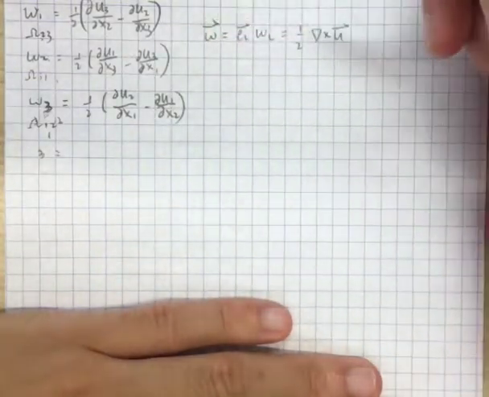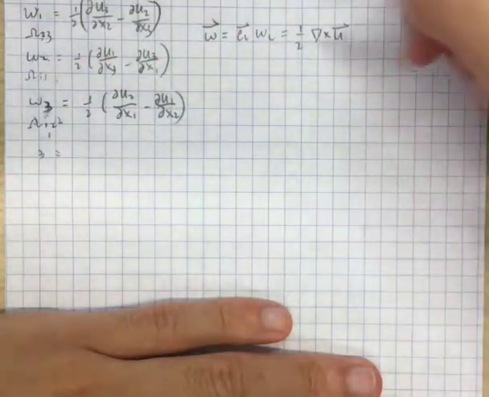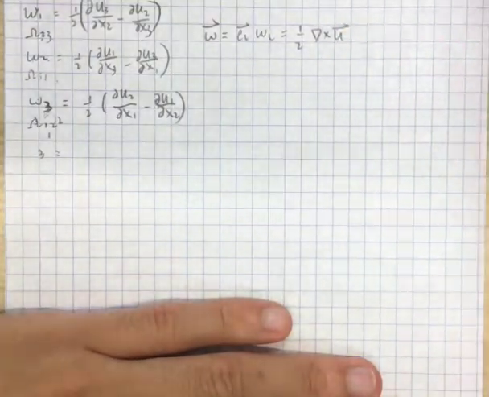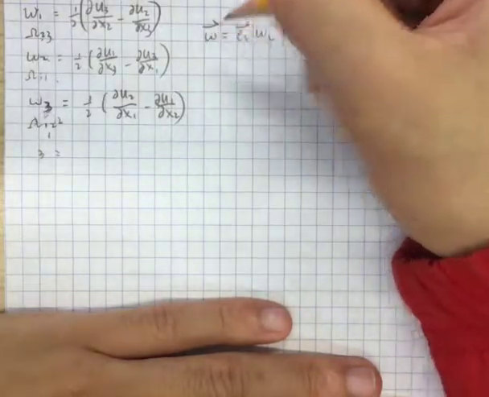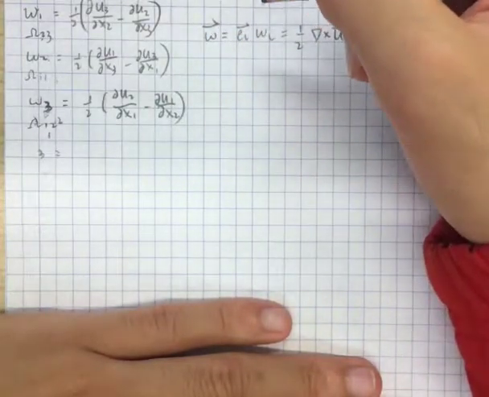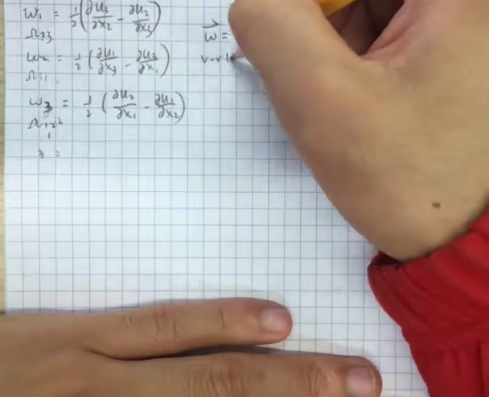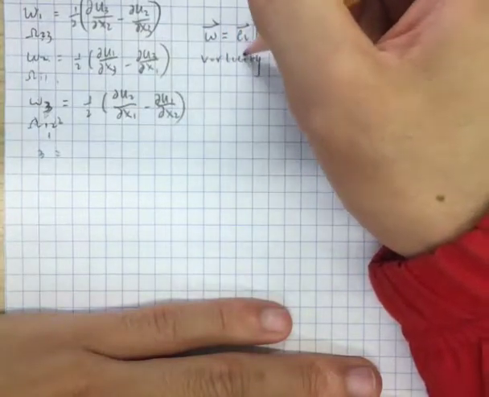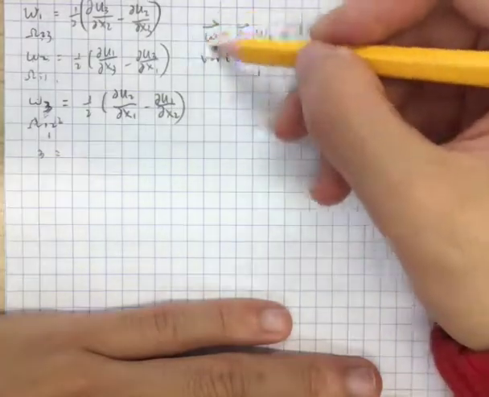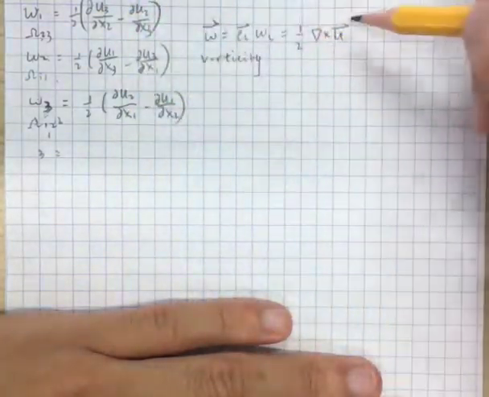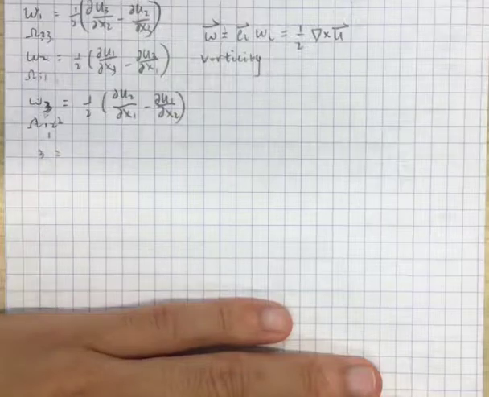The omega vector is equal to half the curl of the velocity. Okay, so omega, sometimes we define it to be the vorticity. You are welcome to check that this thing and this thing will give you the same result, okay?